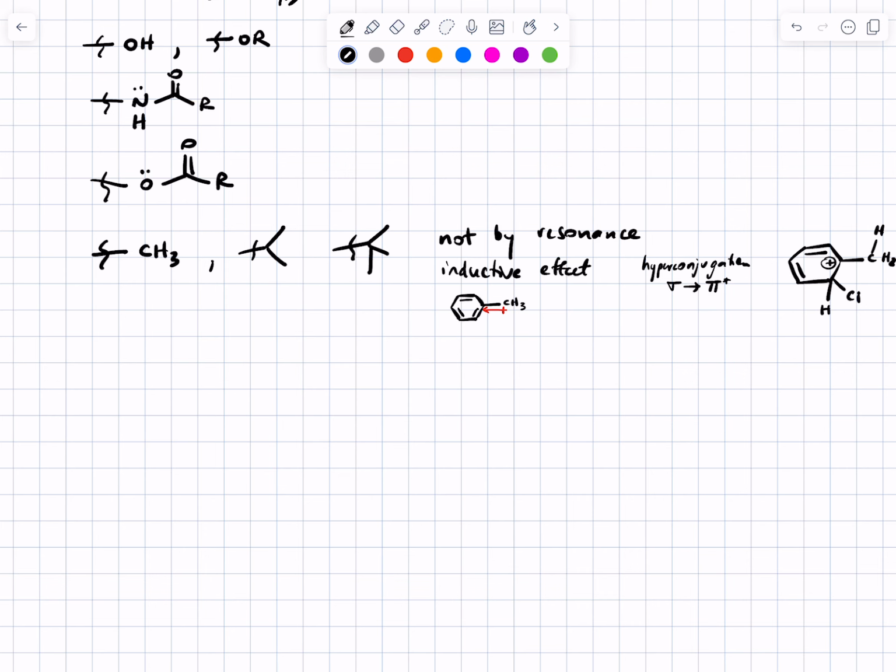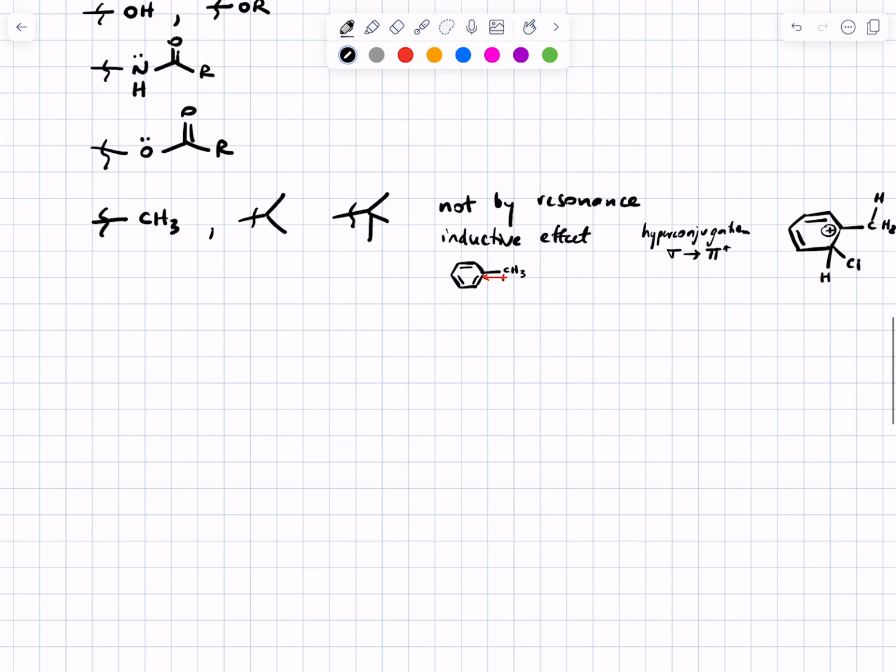are electron donating groups. Last on our list are the halides, Cl and Br and F. These are all, I know I put them on the wrong side, I'm sorry. These are all electron donating groups by resonance because you've got lone pairs on the atom adjacent to the ring.